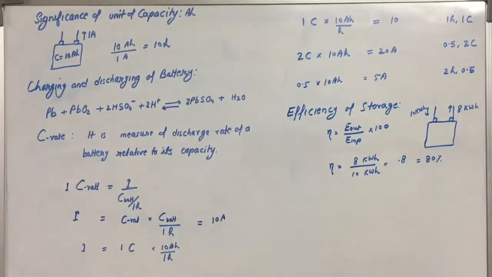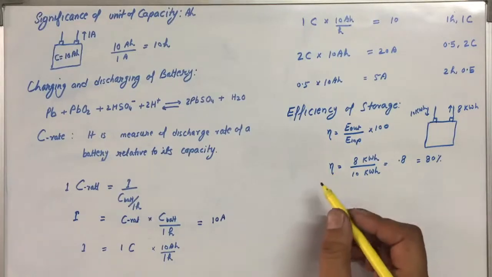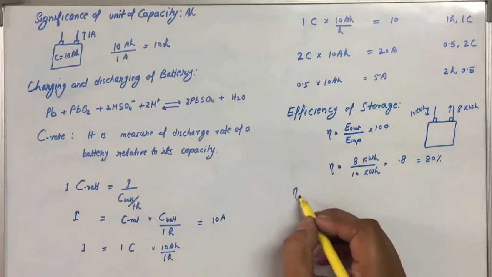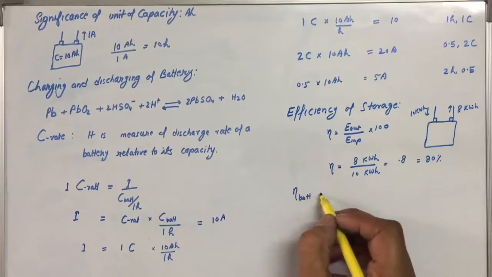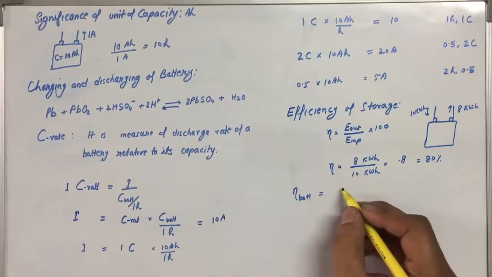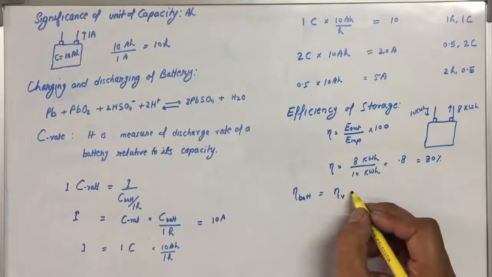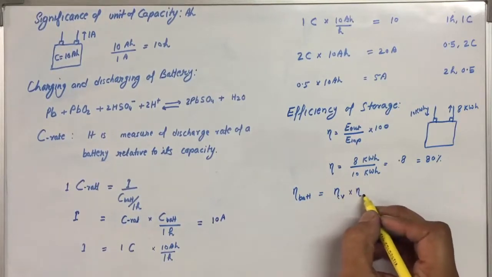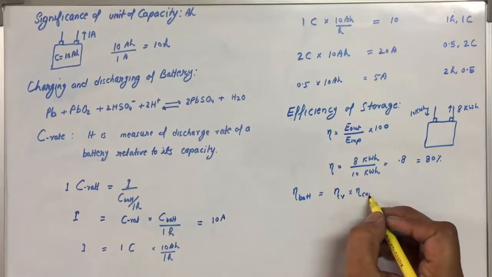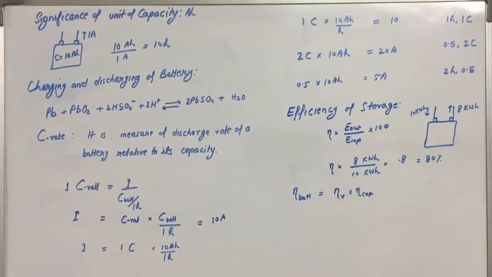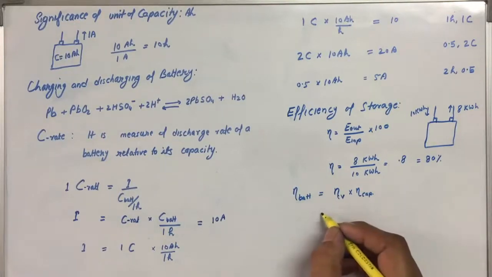In the case of a battery, the efficiency of the battery can be the efficiency in terms of voltage multiplied by the efficiency in terms of capacity. So in these two terms we can define the efficiency of the battery.